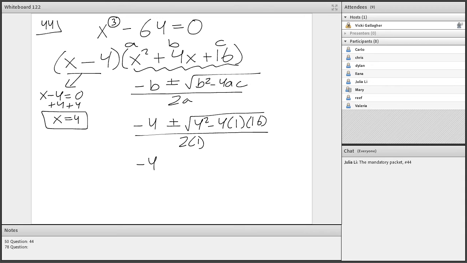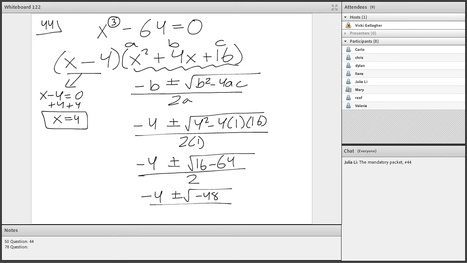Okay, so negative 4 plus or minus, and then 4 squared is 16, and 4 times 16 is 64, all over 2. 16 minus 64 is negative 48. And then we're going to factor tree the 48. Actually, we don't even need the negative sign.